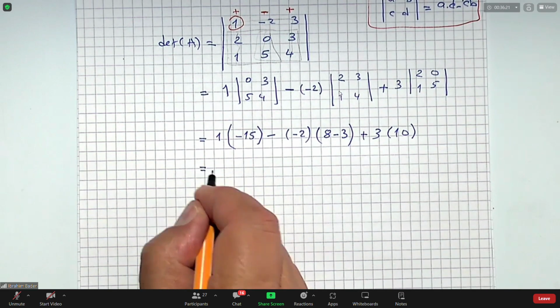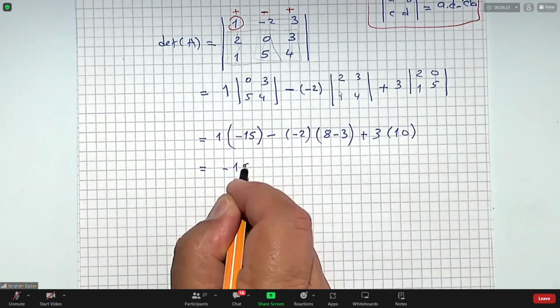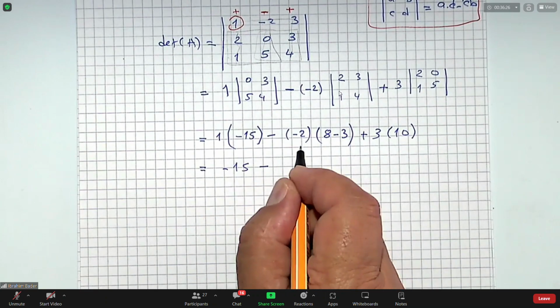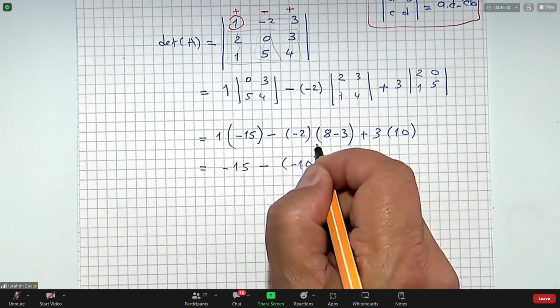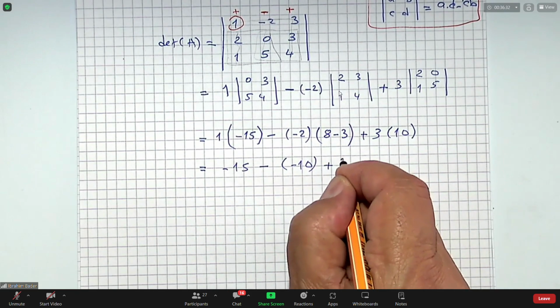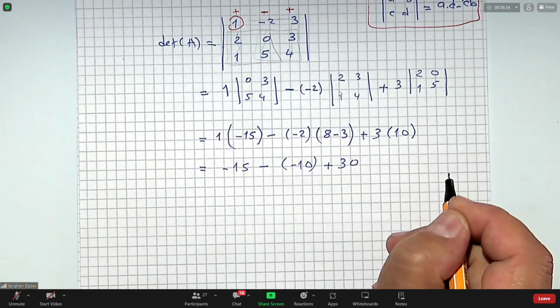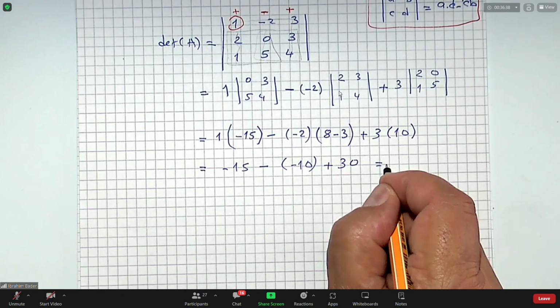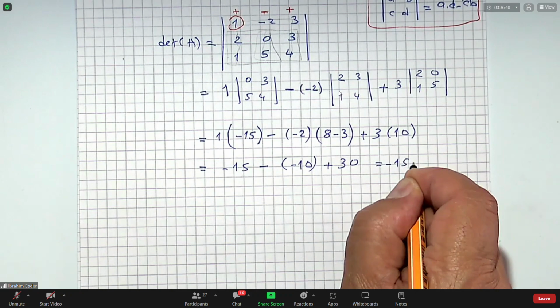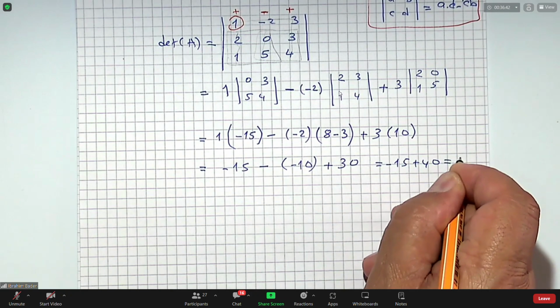So here I simplify minus 15. Here I have minus, and here I have minus 10, right? This is 5 plus 30. So I have here minus 15 plus 40, which is 25.